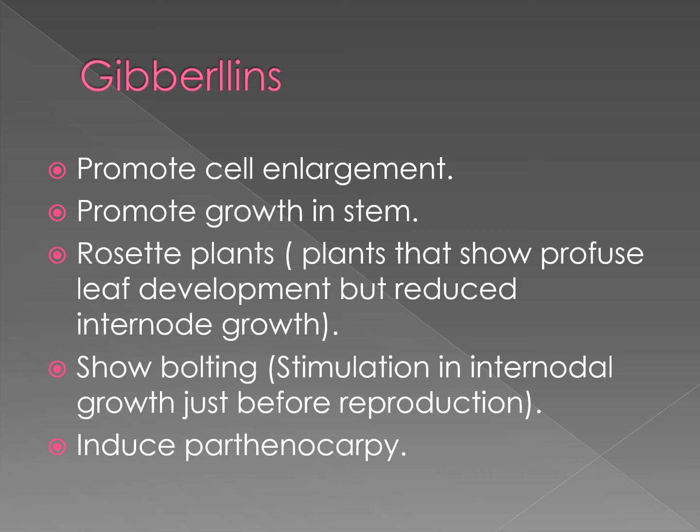Rosette plants look like a rose. The internode, the part present between two nodes, is reduced, which shows reduced growth. As a result the nodes come very close, and all the leaves appear in the shape of a rose.